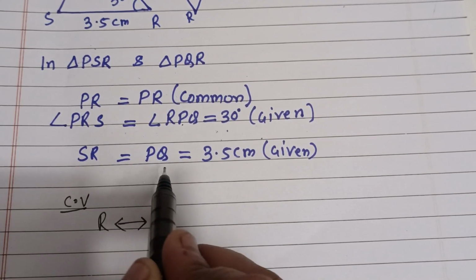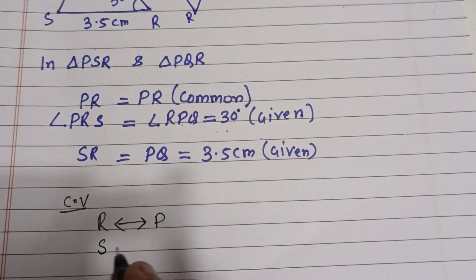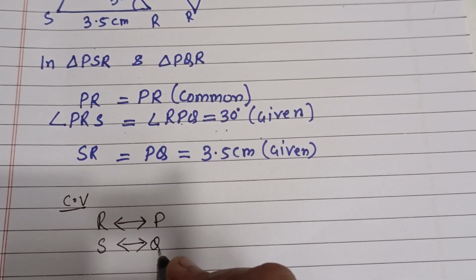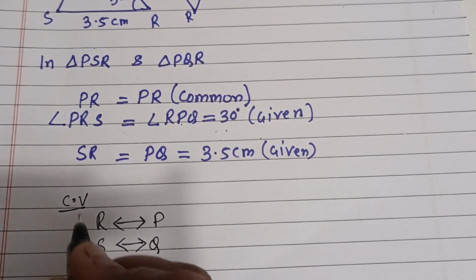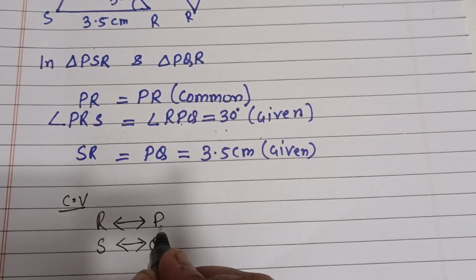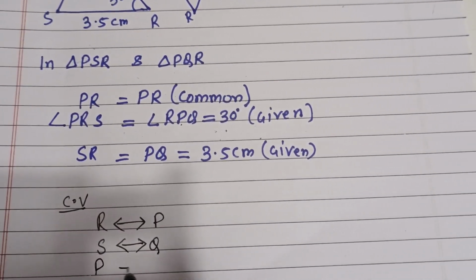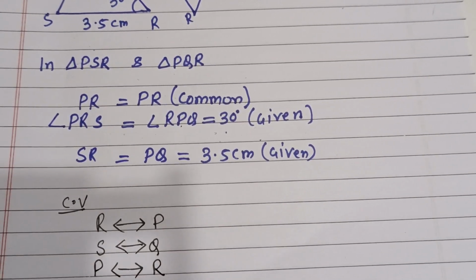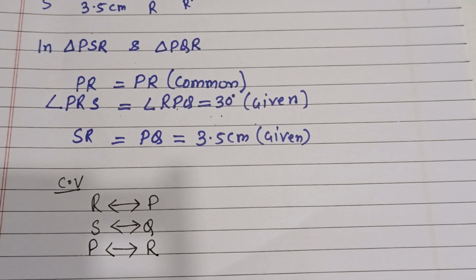So this S will be corresponding to Q. Now this R corresponds to P, then P corresponds to R. Okay, so we have found the corresponding vertex.